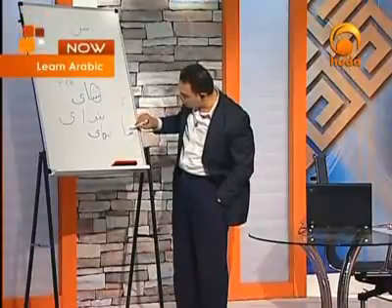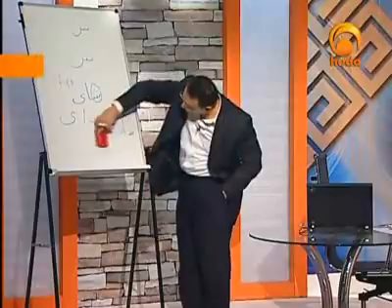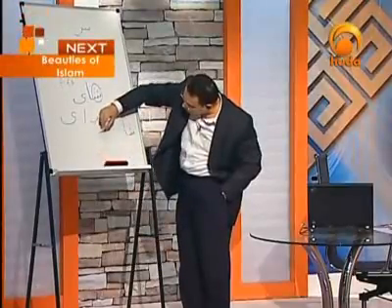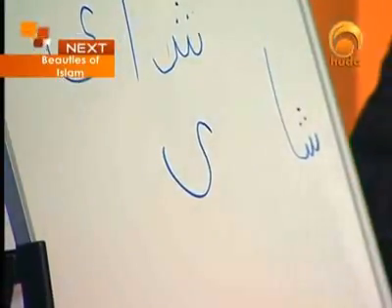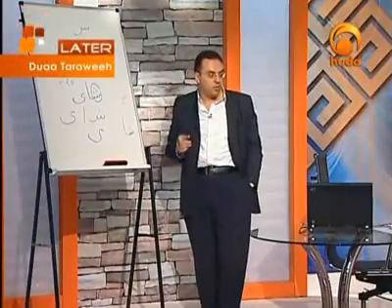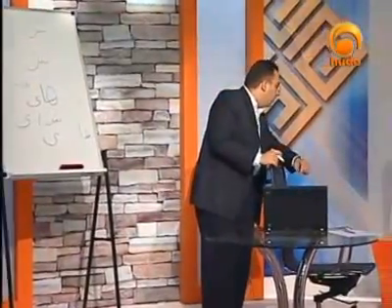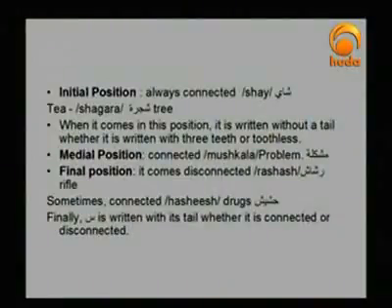Don't make that. Can you see that? It doesn't make any sense to write the word in this form. So here is the bottom line. When it comes in this position, it's written without a tail, whether it's written with three teeth or toothless.